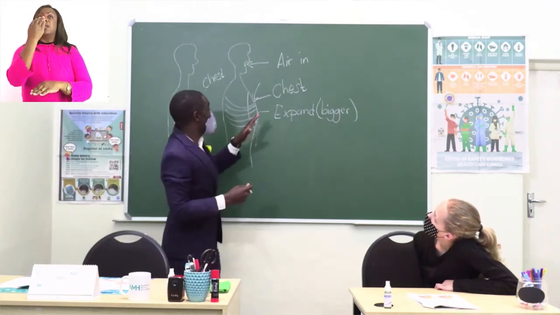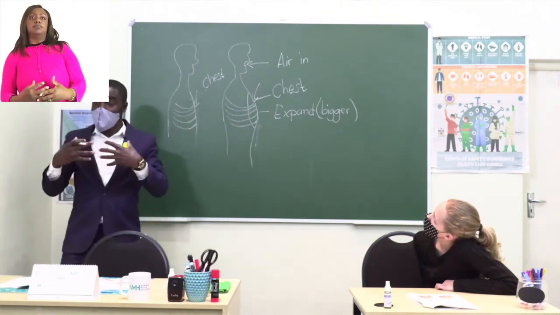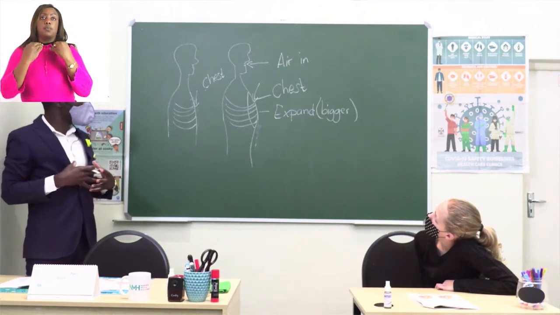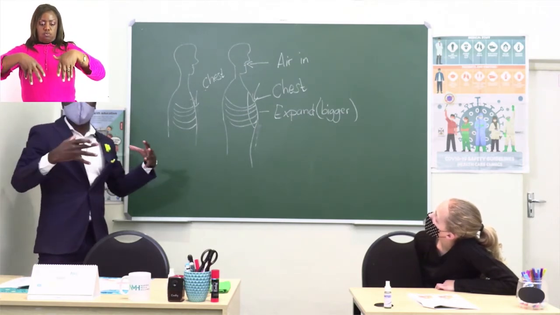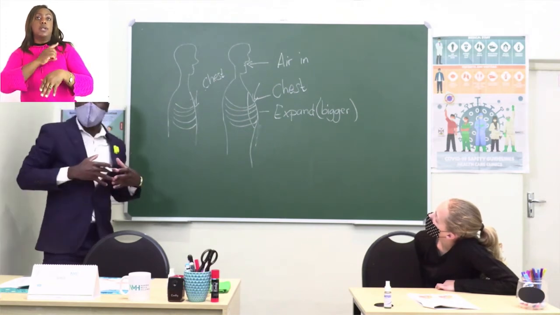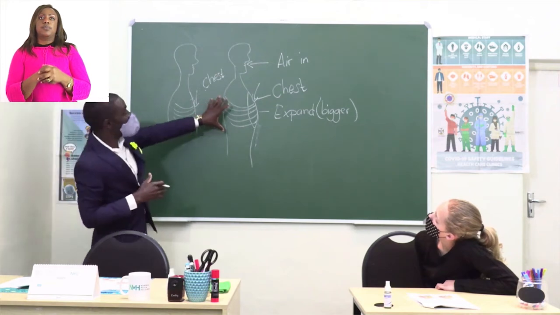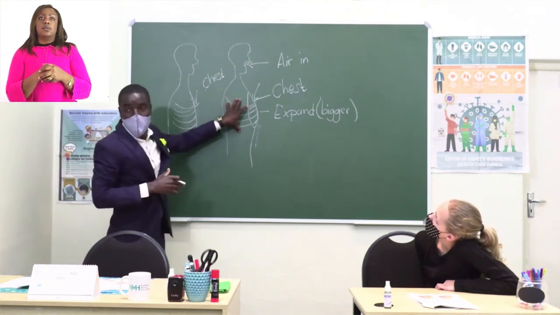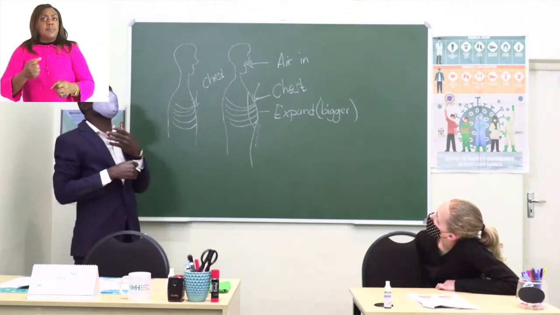So this is the reason why our chest, where the lungs that are important for the breathing system are, has to expand, making sure that there is enough space for the air that you are breathing in. If the expansion of the chest doesn't happen, it's going to be difficult for you to have that air that you are taking into your body.